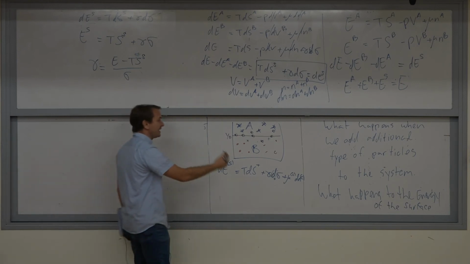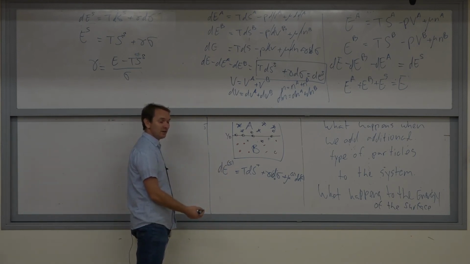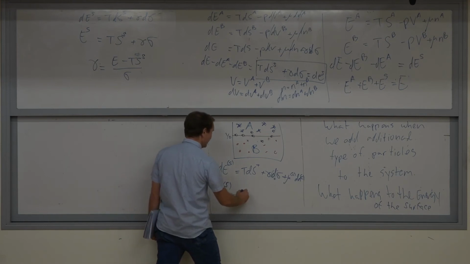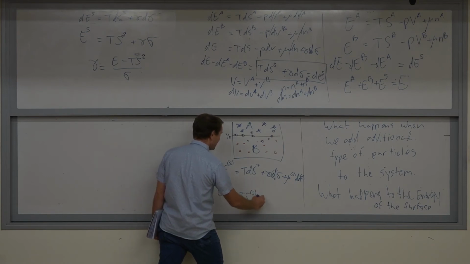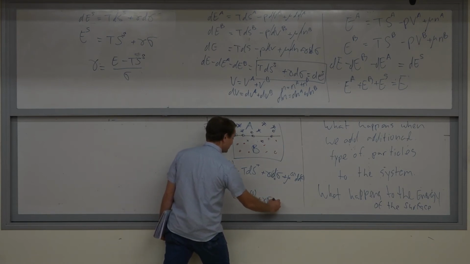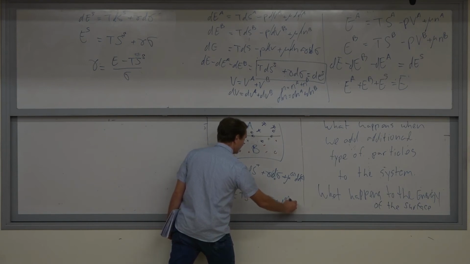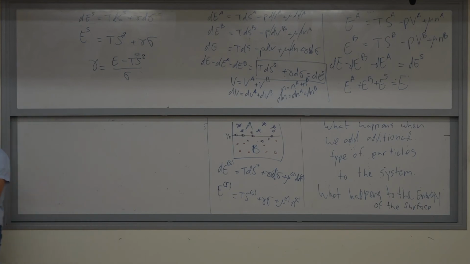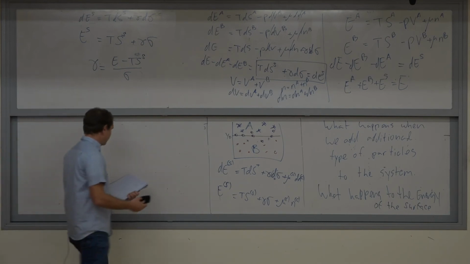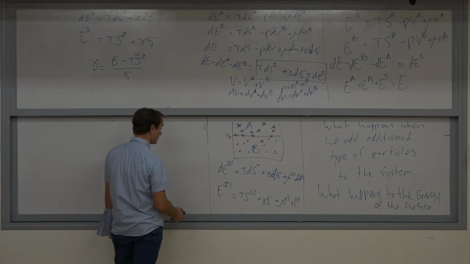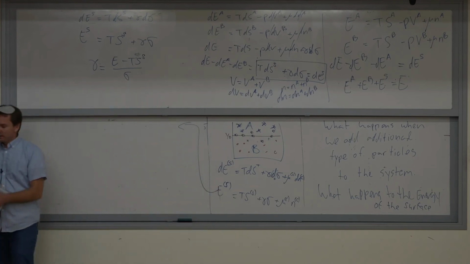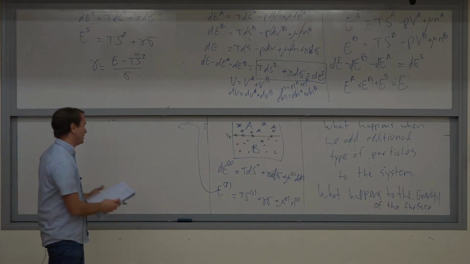I can apply again the Euler theorem, and E of the surface goes like T S surface plus gamma sigma plus mu_C N_C. What is N_C? The total number of particles at the surface. Let's obtain from this a type of Gibbs-Duhem equation.